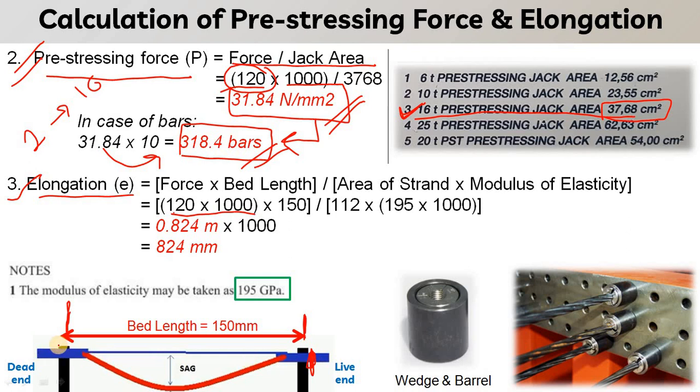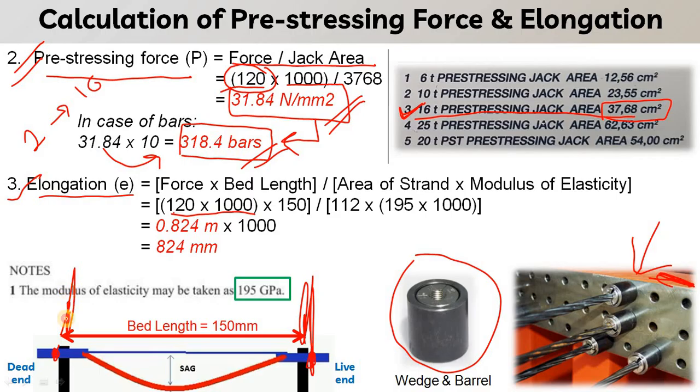This is the wedges and barrel that is used to lock the strand wire. So this is the anchoring structure, and this is our other anchoring structure. So distance between two anchoring structures is known as the bed length.